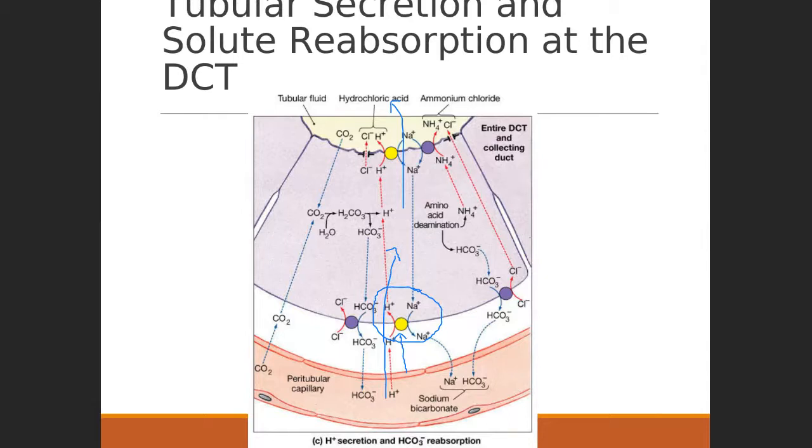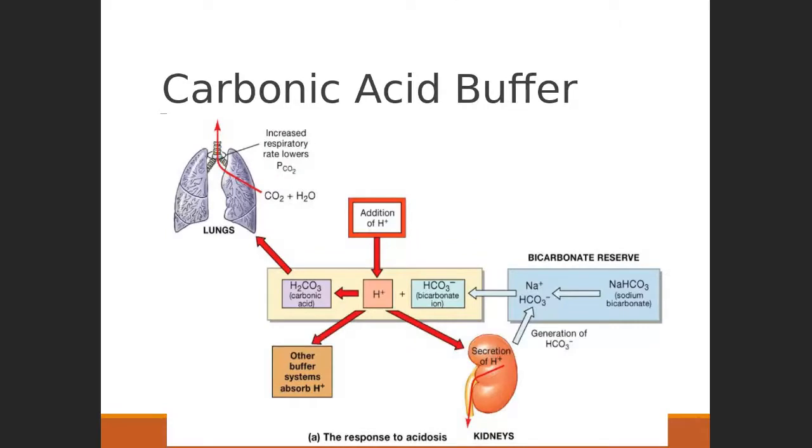Likewise, we can increase reabsorption of our bicarbonate ions. Now, we see a direct connection back into our carbonic acid buffer. We had brought that up previously when it came to respiration. We distinctly looked at carbon dioxide as far as it being in an equilibrium with our carbonic acid and therefore our sodium bicarbonate buffer.